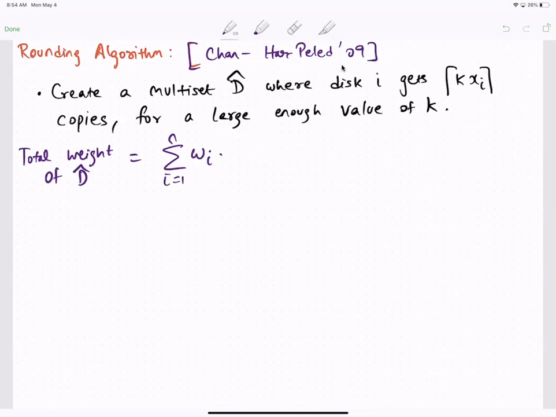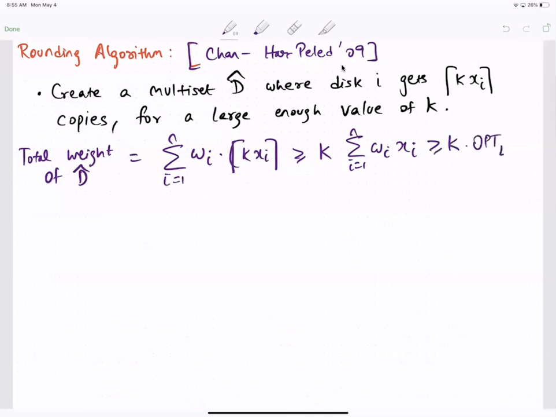Each disk has a weight wi, and its copies number k xi, and this is nothing but k times the sum over i of wi xi. Now what is this quantity? This summation of wi xi is nothing but our opt of LP, right?